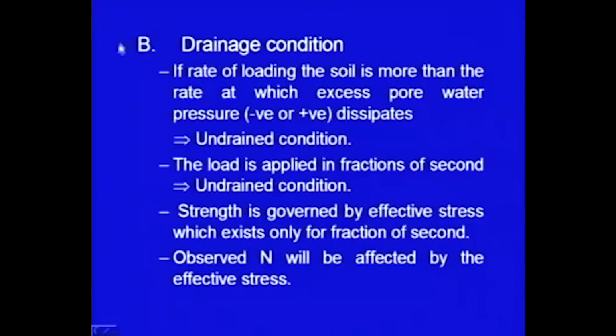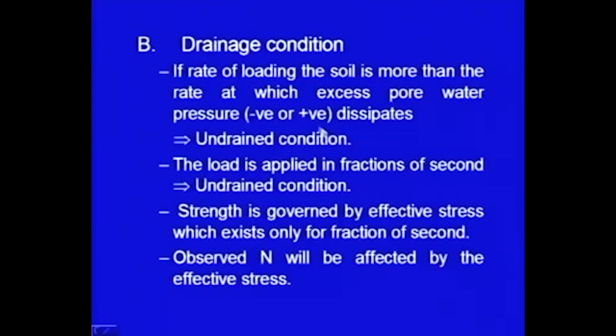The first factor was the pressure because of the overburden. The second factor which affects the value of N is the drainage condition. How does it affect? If the rate of loading the soil is more than the rate at which the excess pore water pressure dissipates, then undrained condition will occur. You are familiar with this phenomenon: if water is present in the pores and you apply a stress, then that stress is initially taken by water, and pore water pressure will develop.